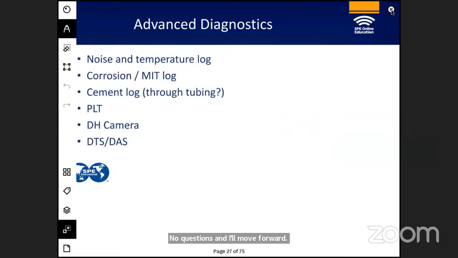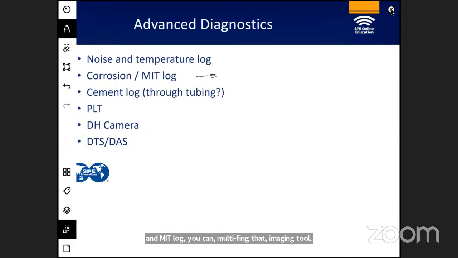Then these are some examples of advanced logs. Noise and temperature log I already covered. Then there is a corrosion log or a multi-finger imaging tool logging, which identifies the failure within the tubing. If you run both the corrosion and multi-finger imaging tool logs, you can know whether the loss of wall thickness is from inside the tubing or exterior.